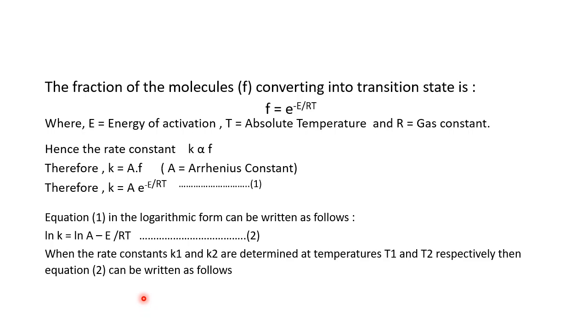Now as a result, the rate constant, that is K, is directly proportional to F, the fraction of the molecules. The more molecules reach the transition state, and you know very well, molecules reaching the transition state very fast get converted into the products, and therefore we say the greater the number of molecules reaching the transition state, the greater is the possibility of those molecules getting converted into the final products, and hence the rate of the reaction increases and the rate constant also increases.